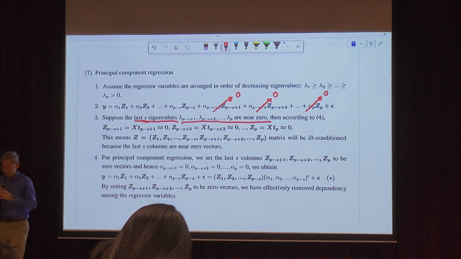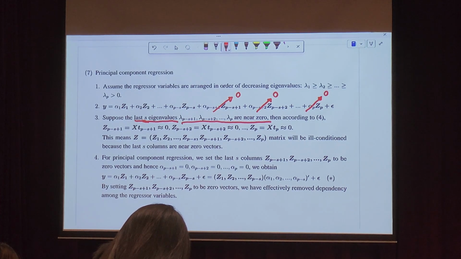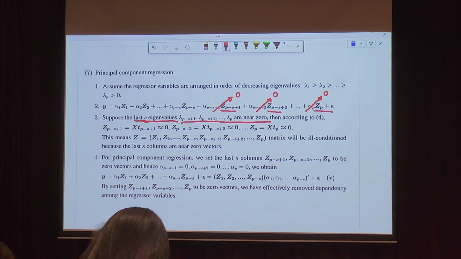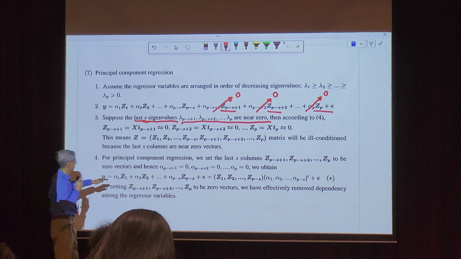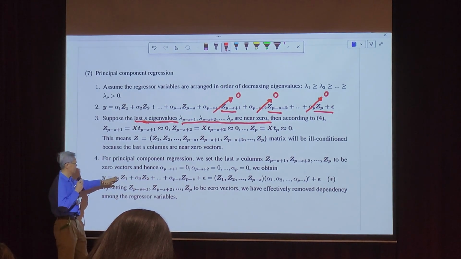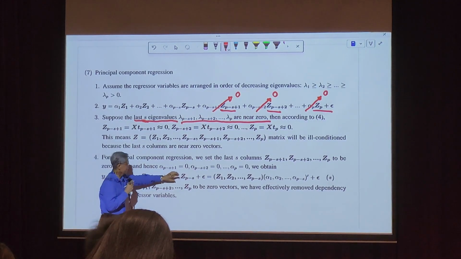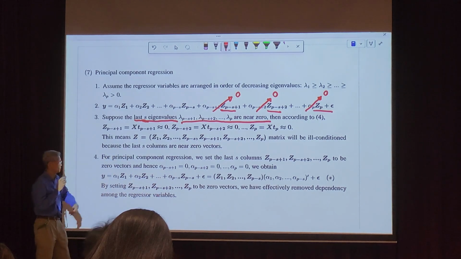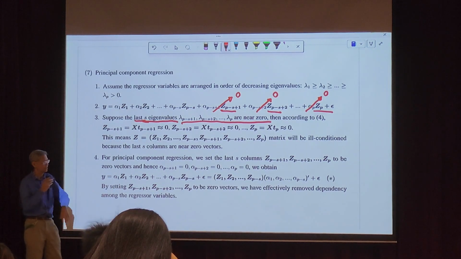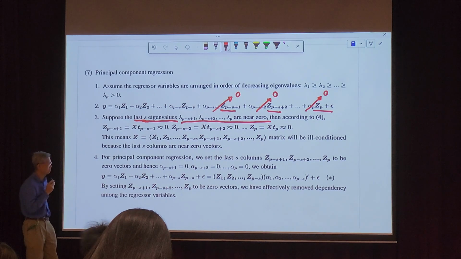Now, because these Z vectors are near 0, if you invert the Z prime Z matrix, you will have a problem. So we set them equal to 0. And now we are left with a smaller model. But all these Z are now clearly non-zero. And so there is no more ill-conditioned problem.